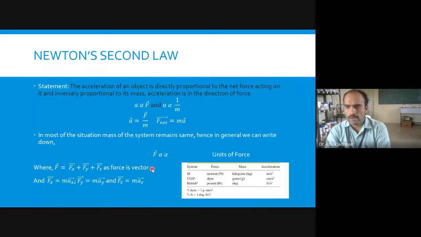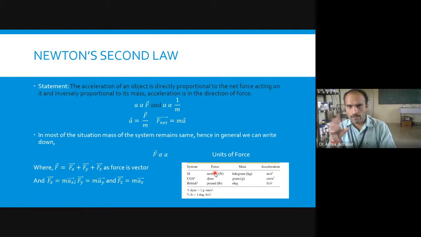So if I look at the formula F = m into a, I can specify the value of 1 Newton. When an acceleration of 1 meter per second square acts on a 1 kg mass, then the total force acting on that 1 kg object is 1 Newton.